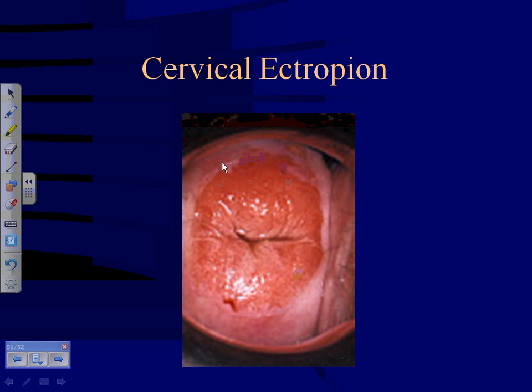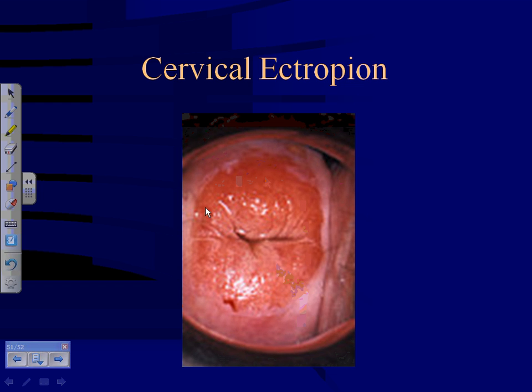So this whole red area here actually represents endocervical tissue that's kind of everted onto the external cervix. That's the transformation zone. Basically, this is the transformation zone, you know what I mean? Right here where you have endocervical versus ectocervical tissue.